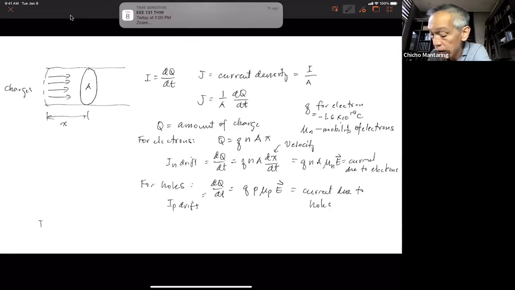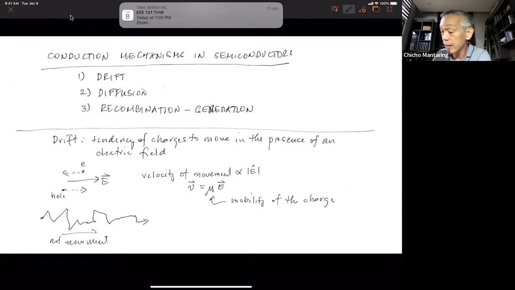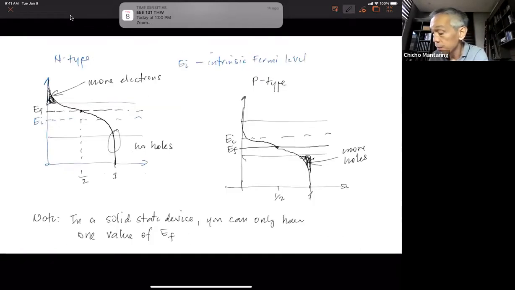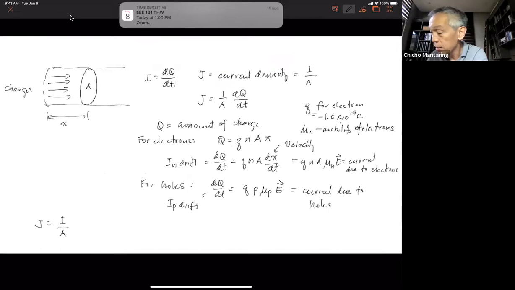J is equal to I over A. So we already said that here. Sorry, where did we say that? Here pala, no? J is equal to I over A. Okay. So J due to drift will just be equal to J_n due to drift plus J_p due to drift.